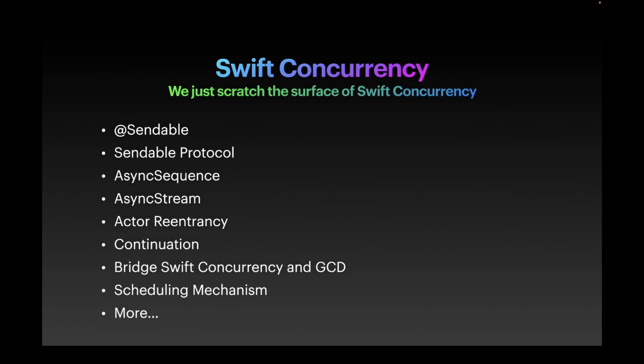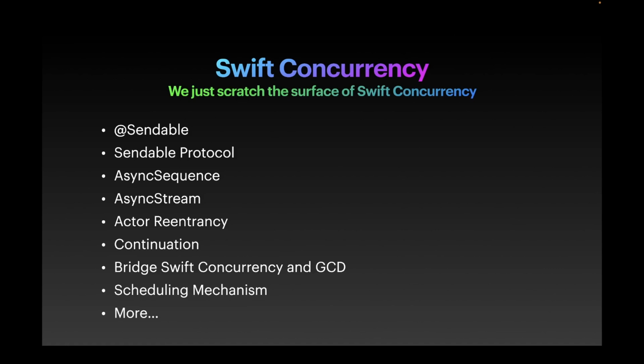Now, as I mentioned before, there are lots of things we don't really have time to cover. For example, there's a very important concept, @Sendable, and also the Sendable protocol behind it. They are quite essential in Swift concurrency, and they support the Swift compiler in checking whether the data or the closure passed in is safe from data races.